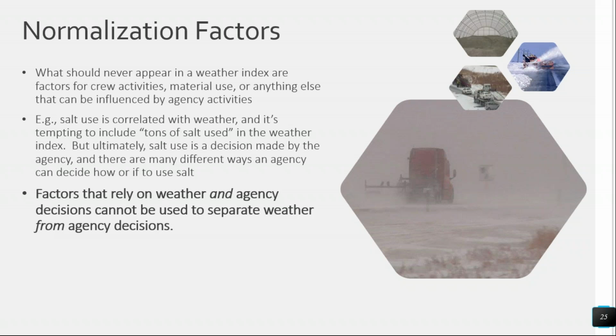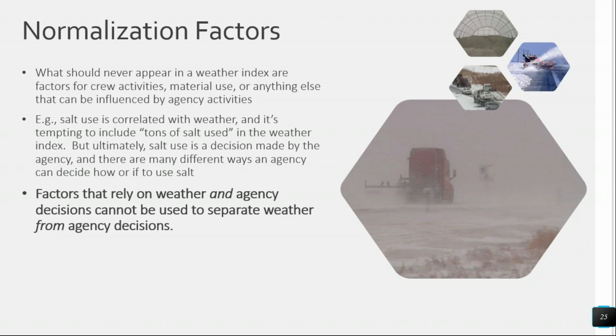The problem is that salt use is a decision that's made by the agency. And so if you have one region that uses a lot of salt and another region that really doesn't use a whole lot of salt, they use a different chemical, their weather indexes are going to be different because of the way they chose to fight the storm.